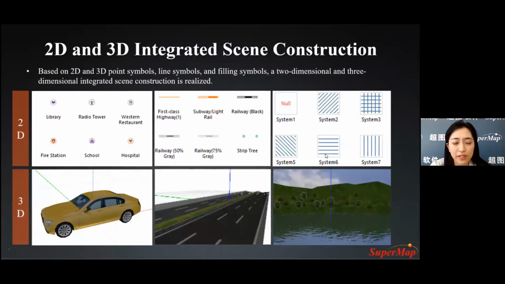As a basic way to express the content of the map, symbols can directly express geographical scenes and phenomena. SuperMap GIS provides a two-dimensional and three-dimensional integrated symbol construction. In a 3D scene, 3D point, line, and field symbols are used for 2D vector data to make the features more intuitive and expressive.